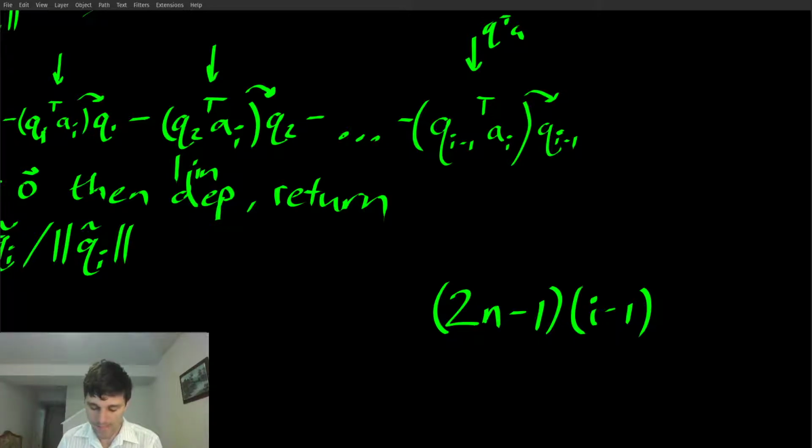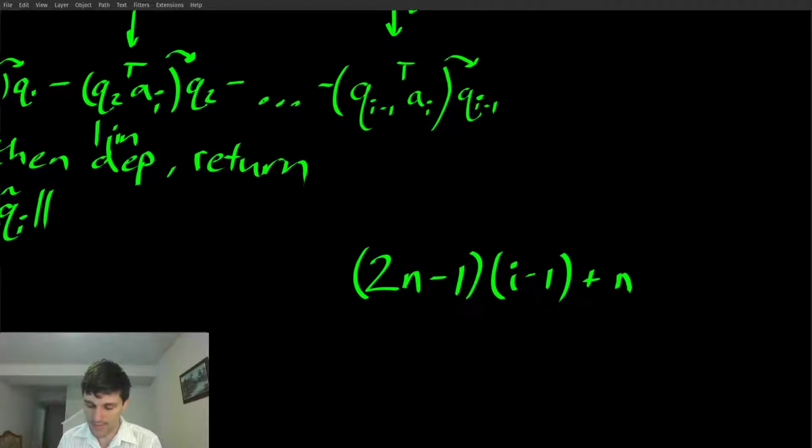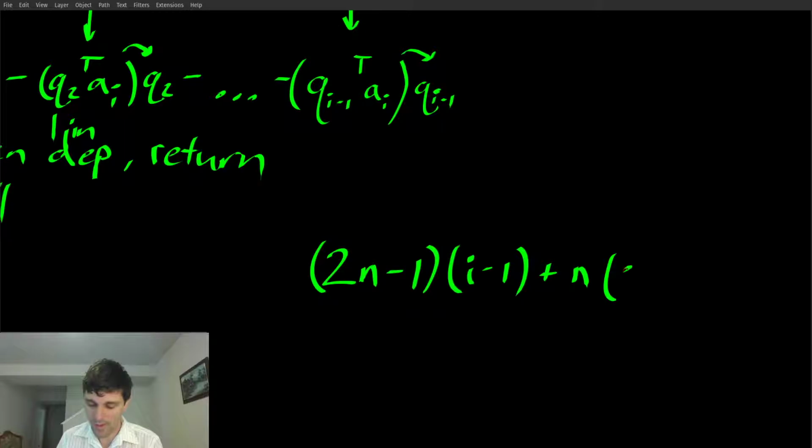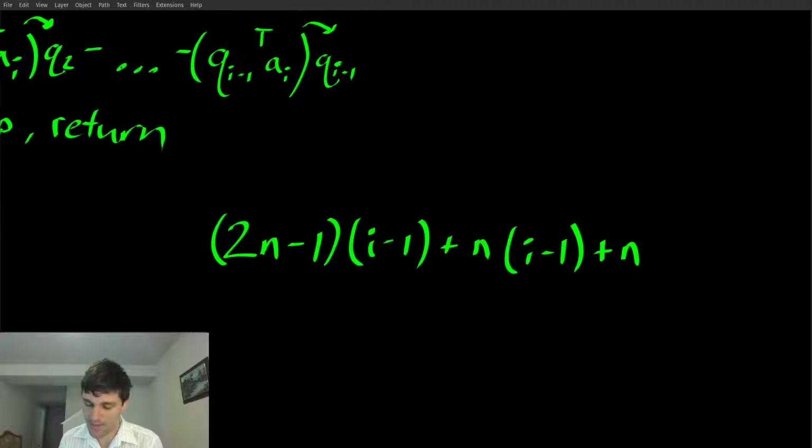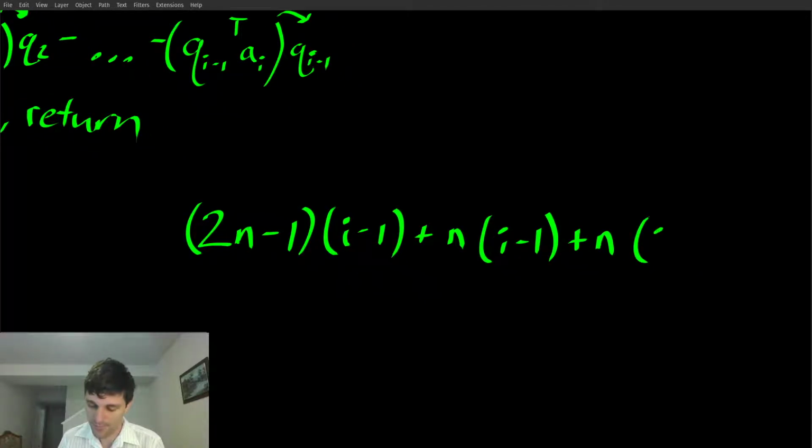So we have an additional n times i minus 1 work to do for the scaling there. And then we have to add all of these i minus 1 vectors together, right? So that's another n times i minus 1.